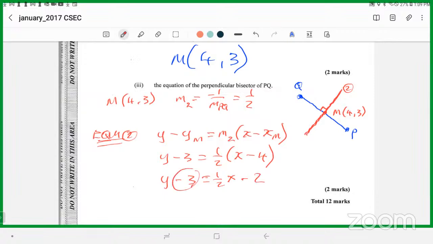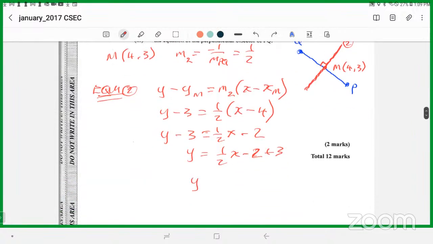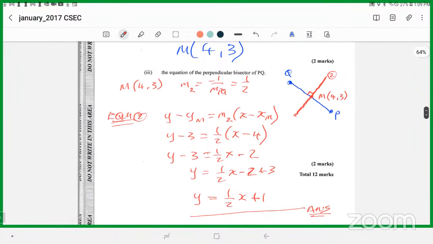Then this negative 3 will come over and become a positive 3. So I get y equals half x minus 2, and then this positive 3, I'm going to write over here. Then the positive 3 minus this 2 is 1. So it's going to reduce to y equals half x plus 1. And this is my answer right here. That's the equation of that red perpendicular bisector on the diagram.